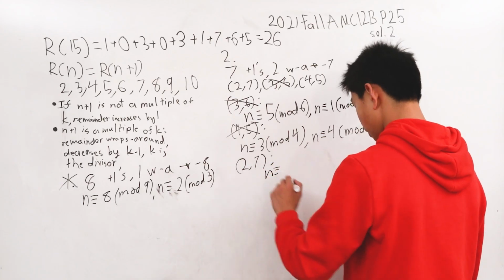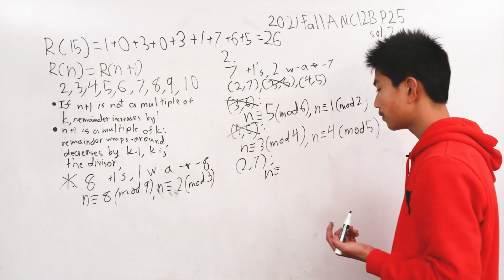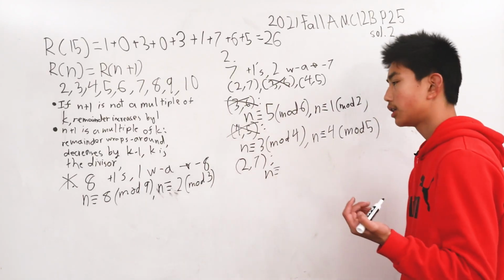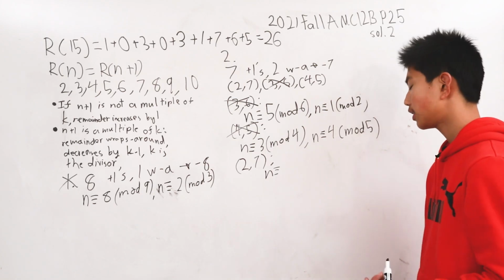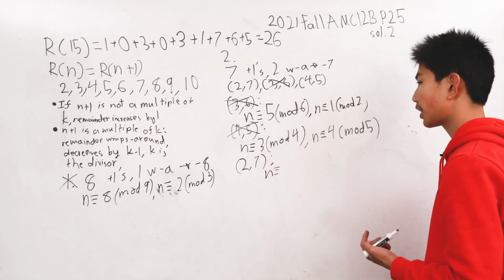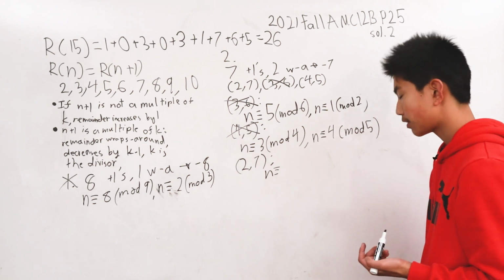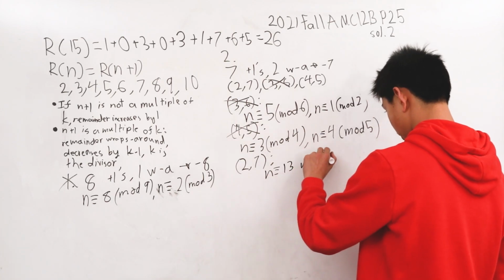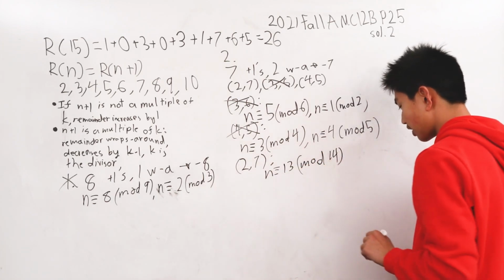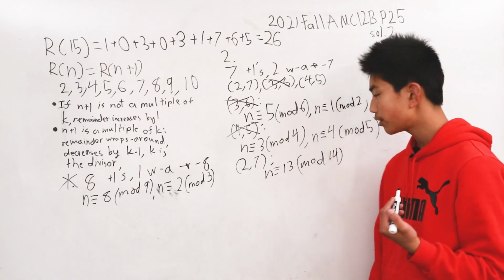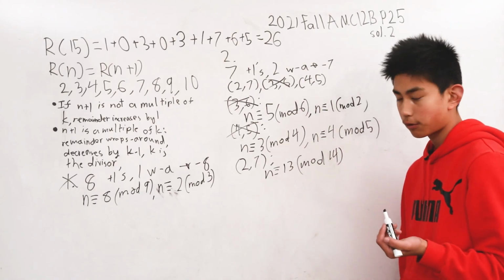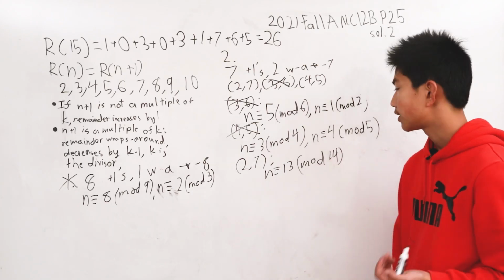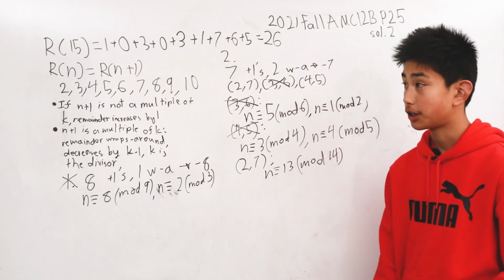So n is congruent to negative 1, but since there are two of these numbers, we want to respect that and find both of those numbers rather than one, because we want specific bounds for our numbers. So this is 13 mod 14. Basically it means that our desired values have to be one away from a multiple of 14. An example of this is the number 13, which is 1 away from 14.